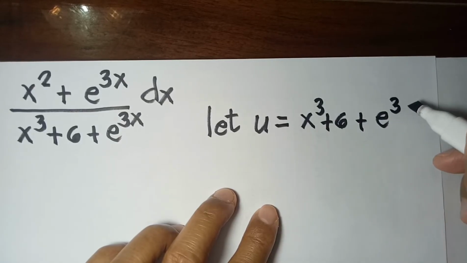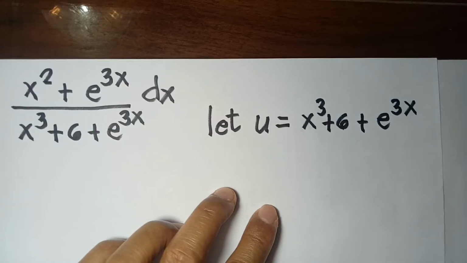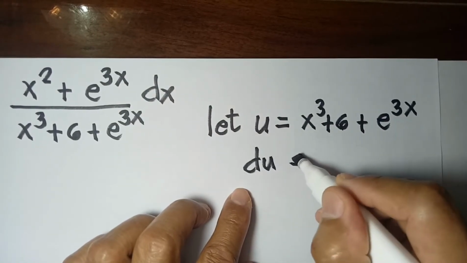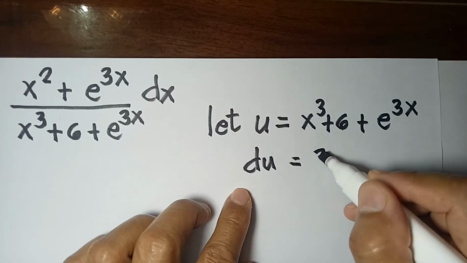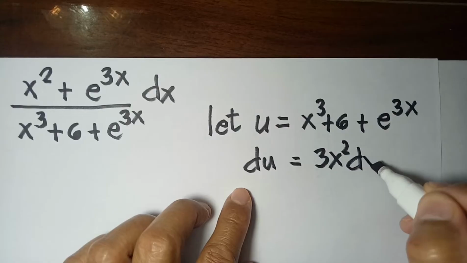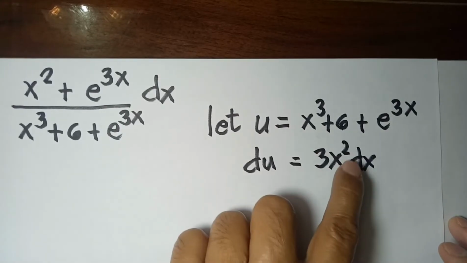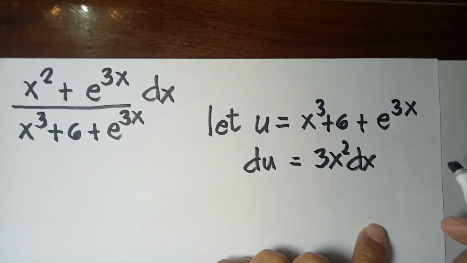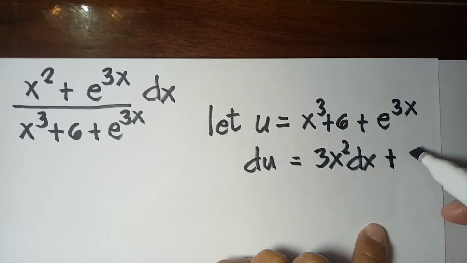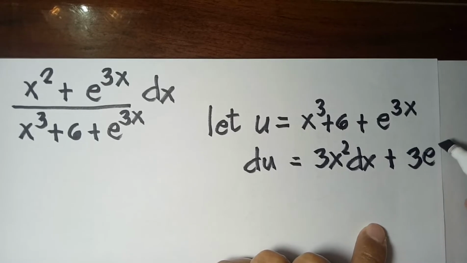And then the derivative: du equals 3x squared dx. Derivative of 6 is 0, and then derivative of e raised to 3x is 3e raised to 3x dx.